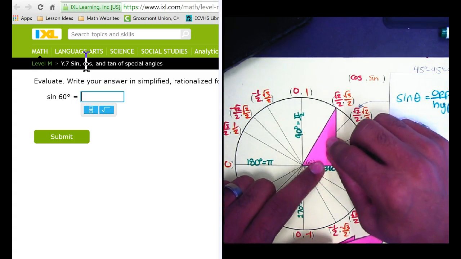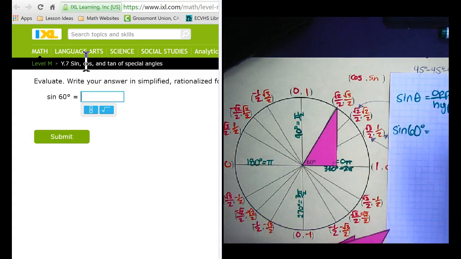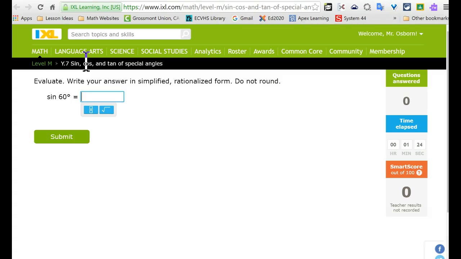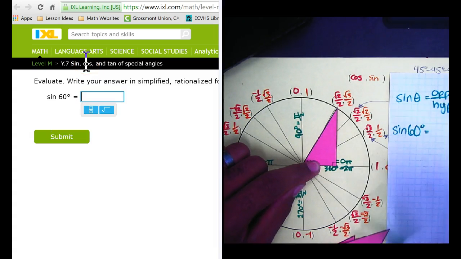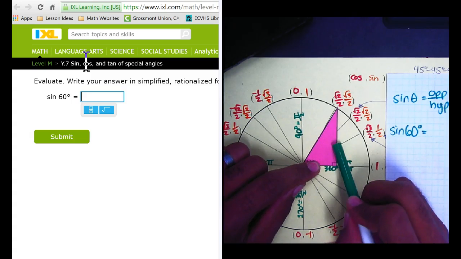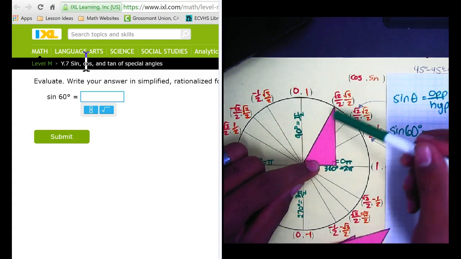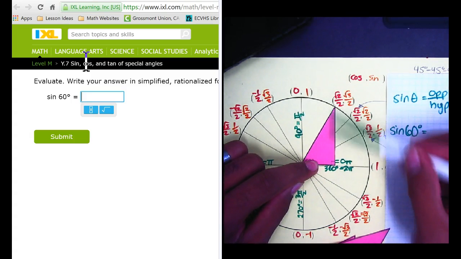And we know that by using our 60-degree triangle. And I know that the sine of this 60-degree angle is going to be the opposite side over the hypotenuse. Okay? And we already filled in our coordinates. And the opposite side here is our y value.